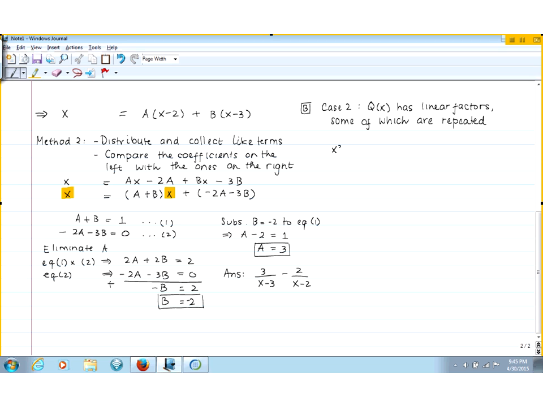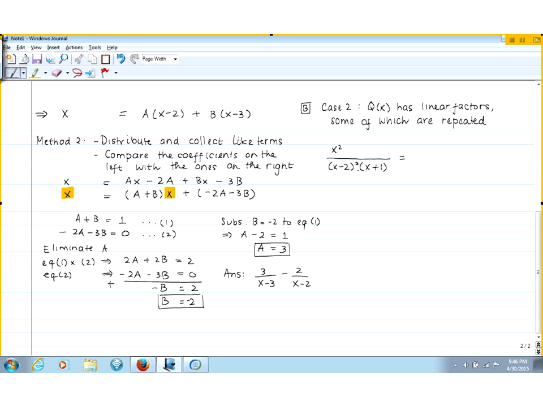So we're going to do partial fraction decomposition of this problem. x squared over, let me see, what is it? x minus 2 squared times x plus 1. So x squared divided by x minus 2 squared times x plus 1.